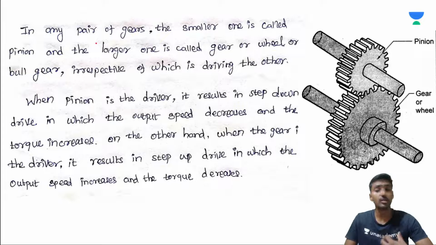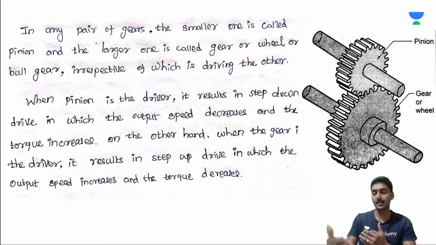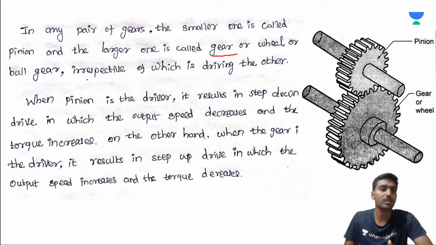First, we need to understand the basic things related to gears and their terminologies. In any pair of gears, the smaller one is called the pinion and the larger one is called the gear, or wheel, irrespective of which is the driving gear.